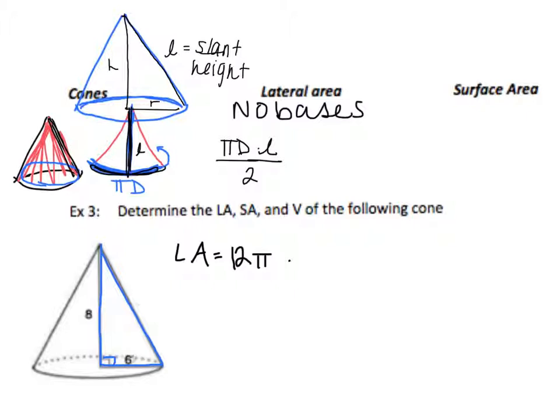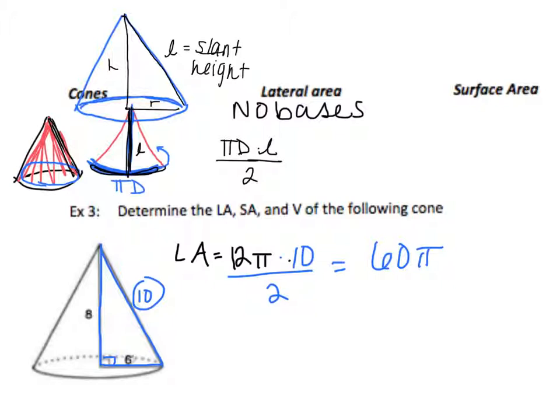Right triangles, you should automatically think the old dead guy, Pythagorean theorem, to find that third side. So if you did the Pythagorean theorem, this one should be 10. So I'm just going to multiply this by 10, and don't forget I got to divide that by 2, because it's technically like a triangle. So this is going to be 60 pi. Alright, so that's your lateral area.